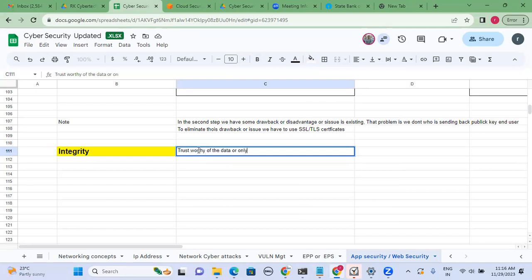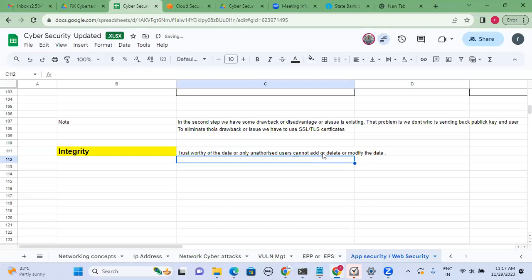Only authorized users can add or delete or modify the data, and unauthorized users cannot. What is the indirect way, how can we say it? Authorized people can add or delete or modify the data.